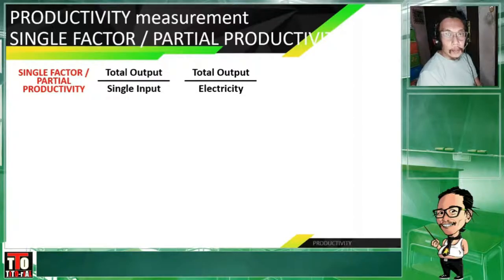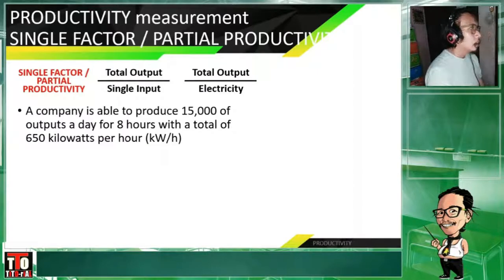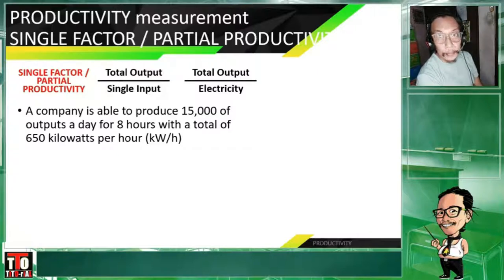Okay, next example naman tayo. Another example for a single factor or partial productivity. Now, in this case, we will try now to measure yung productivity ng ating electricity. Okay? Example, a company is able to produce 15,000 of outputs a day for 8 hours with a total of 650 kilowatts per hour.